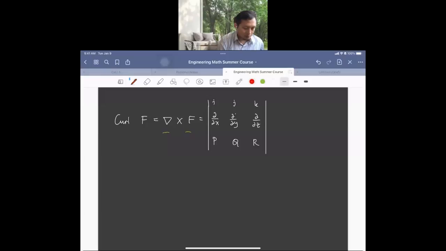Or you can use my suggestion from before. Let me write it by adding i, j here: dou x, dou y, and then the components, and we multiply and add all.